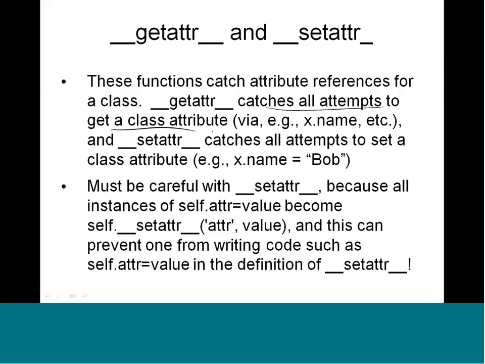We need to be careful with setattr, because all the instances of self.attribute equal to value become self.__dict__[attribute] equal to value. And this can prevent one from writing code such as self.attribute equal to value in the definition of the setattr.